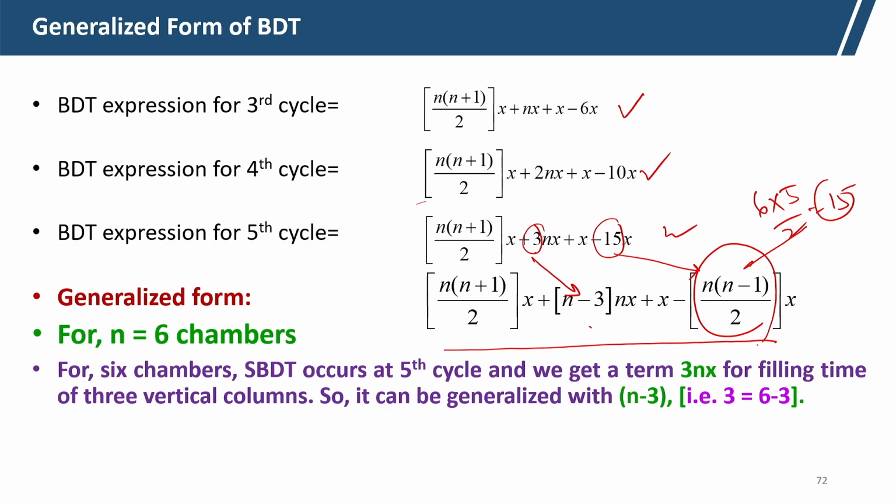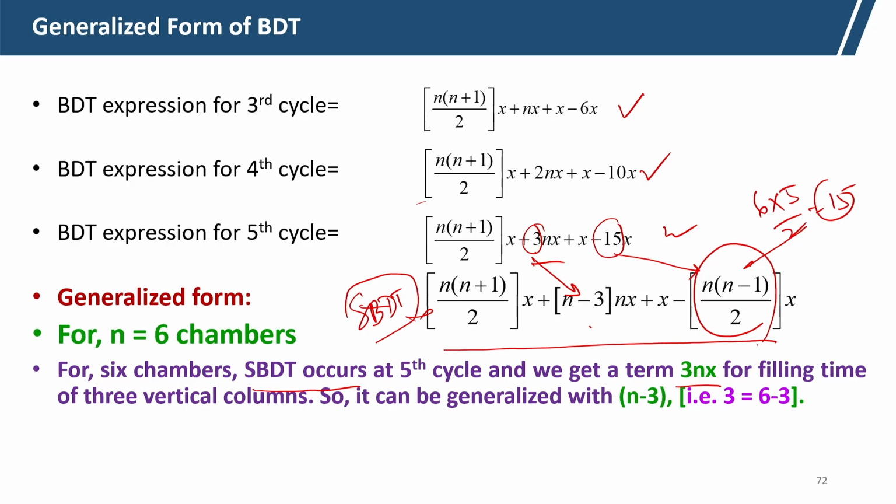For 6 chamber, this is the standardized blending delay time, SBDT, and this is the generalized formula. For 6 chamber, standardized blending time occurs at the fifth cycle, and we get the term 3x for the filling time of 3 vertical columns. So, this 3x we are getting.